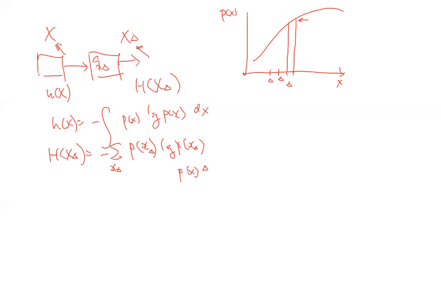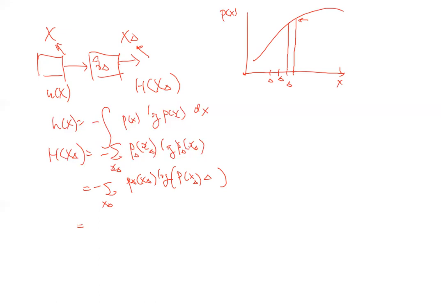Maybe I should differentiate the notation: let's put a delta here also, p delta of x delta. So p delta x delta, the probability of taking the value x delta, should be approximately px delta, delta. Something like that.